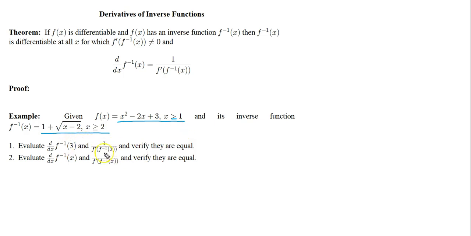So let's verify these two things here. Let's verify that the derivative of the inverse function at 3 is 1 over f prime of f inverse of 3. So we're going to evaluate both of these and show that they're equal.